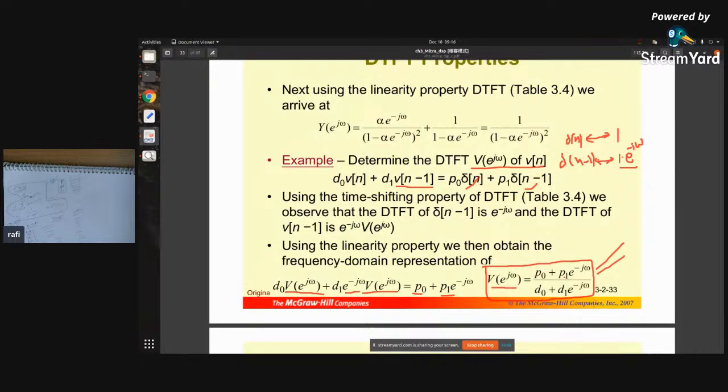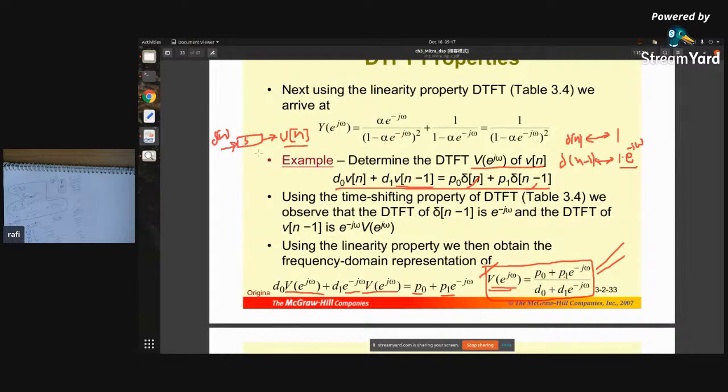When you treat this as a system input-output relation, with v[n] as output and δ[n] as input, then v[n] is the impulse response of the system.